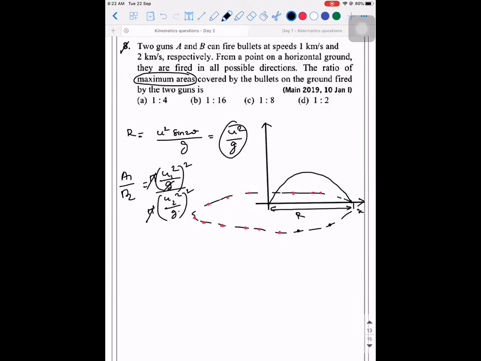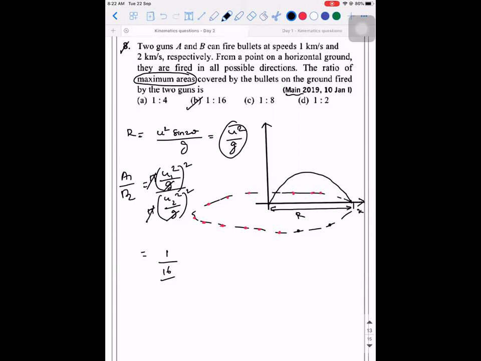This and this will get cancelled. g is gone. So U1 square is how much? 1. 1 square is still 1, divided by U2 square is 4, 4 square is 16. I hope it's clear.